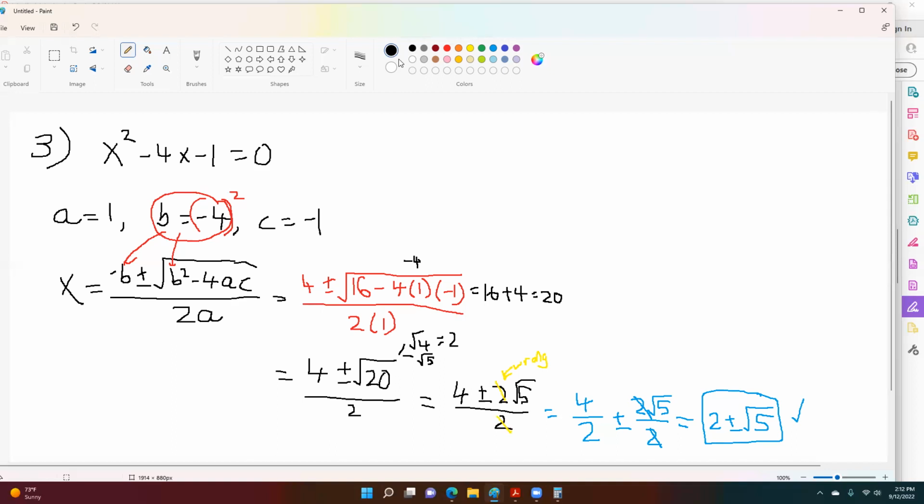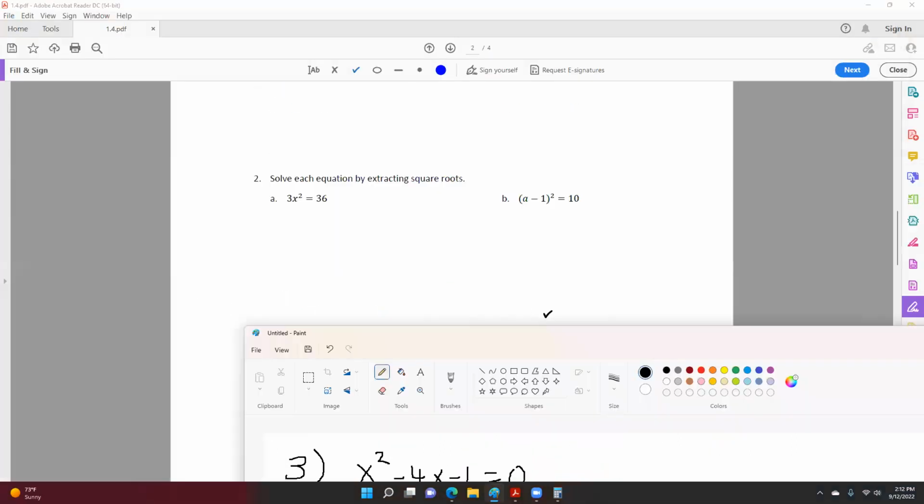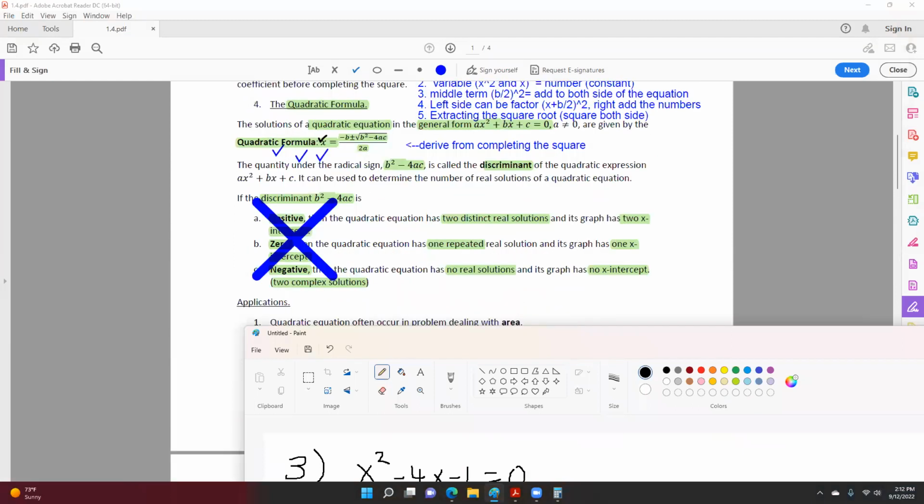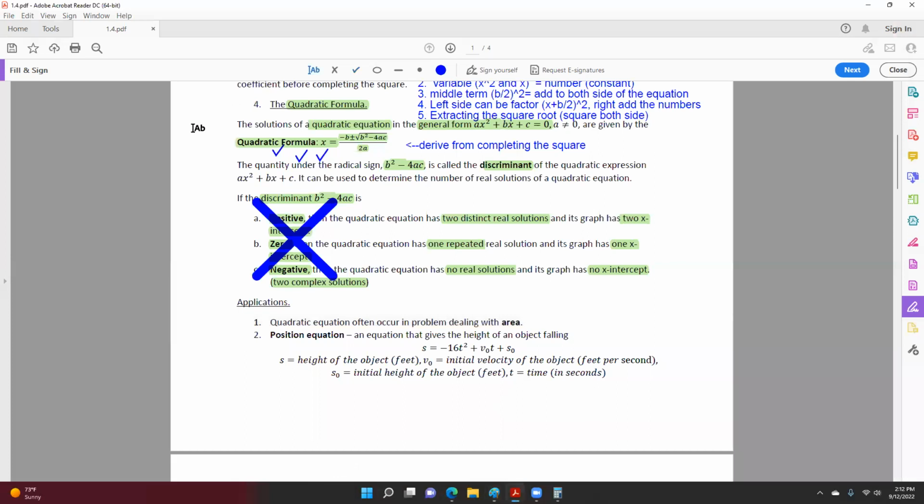As I mentioned, all your quadratic equations can be solved using the quadratic formula. This quadratic formula is what we call a universal formula to solve quadratic equations. What is the meaning when I say this is a universal formula?